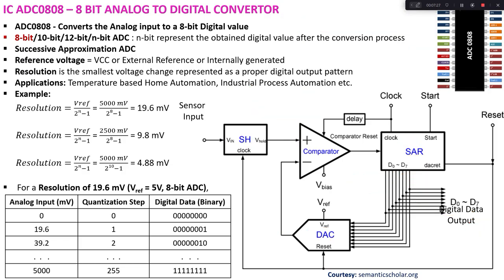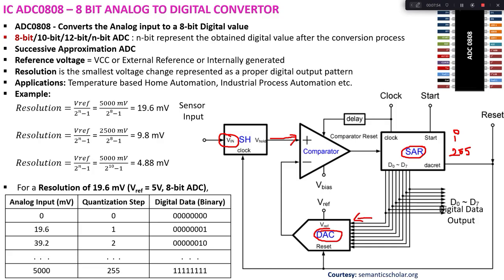So one more time, let me explain this. We take an input voltage. This input voltage goes as an input to your comparator, and the successive approximation register is going to have digital values from 0 to 255. One by one the values will be taken and given as an input to your digital to analog converter.